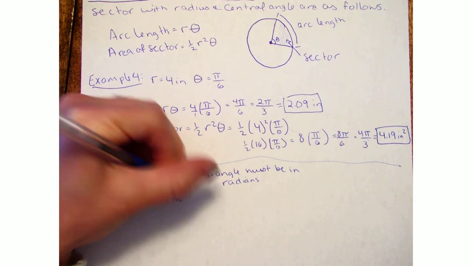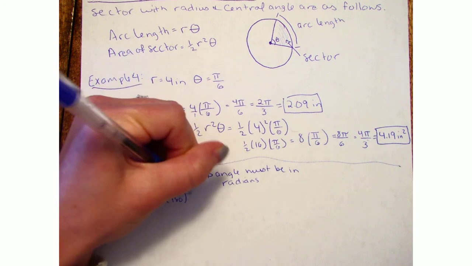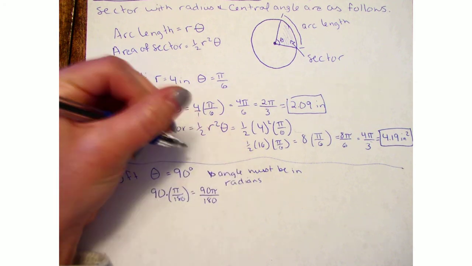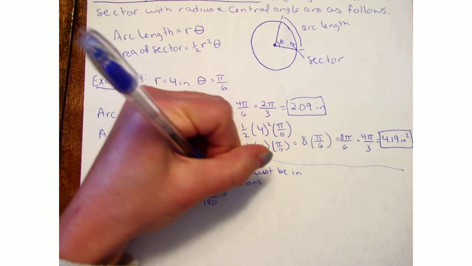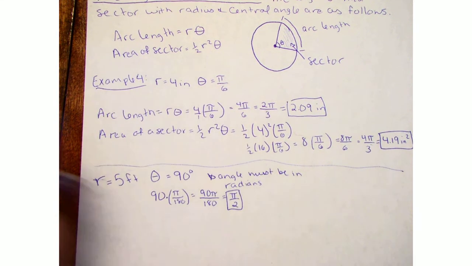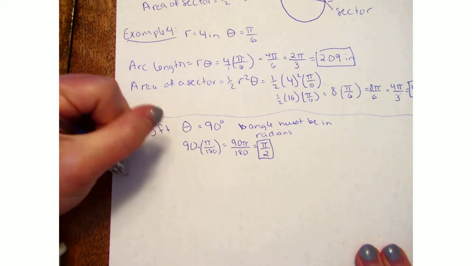Remember, it was pi over 180 times the degrees. So that gives you 90 pi over 180. And then you know that that can reduce to pi over 2. Nice, neat one. Okay, so then we want to find the arc length.